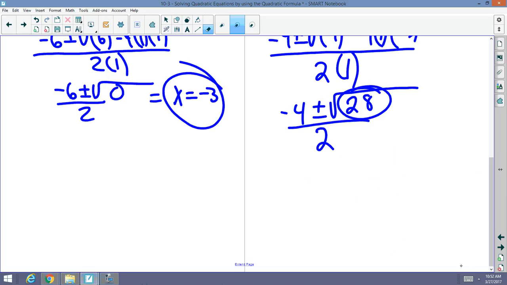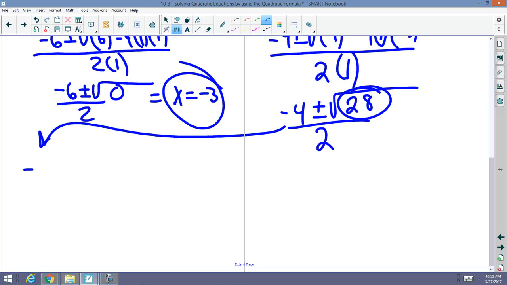All right. So from here, we got negative 4 plus or minus 2 square root of 7 over 2, because 28 is 4 times 7, and the square root of 4 is 2. Are you with me so far, my men? Remember that this denominator down here gets divided into this and into this. But sometimes you can't visualize that, so separate it.